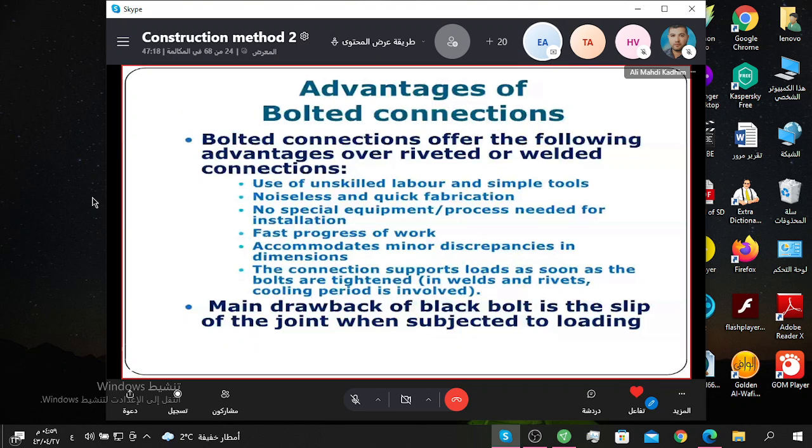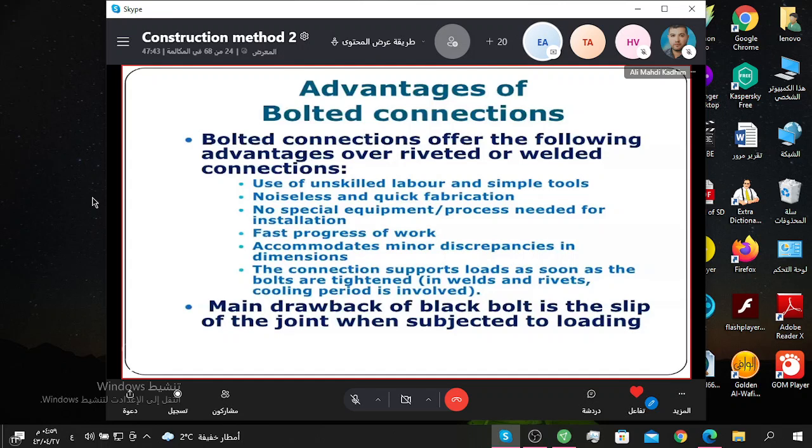Advantages of bolted connection. Bolted connections offer the following advantages over riveted or welded connections. Use of unskilled labour and simple tools, easy analysis and quick fabrication. No special equipment or process needed for installation.